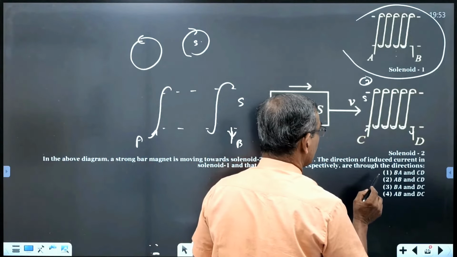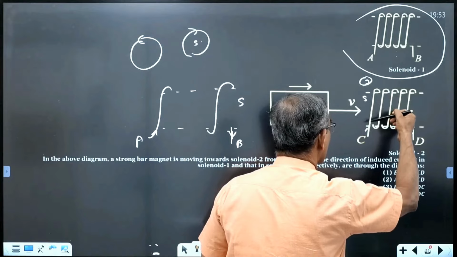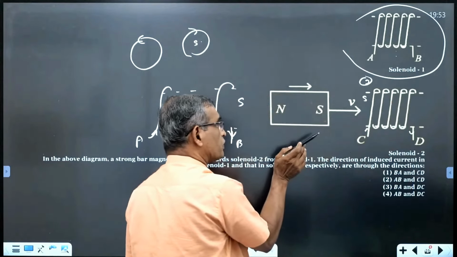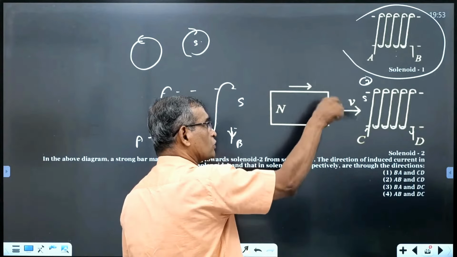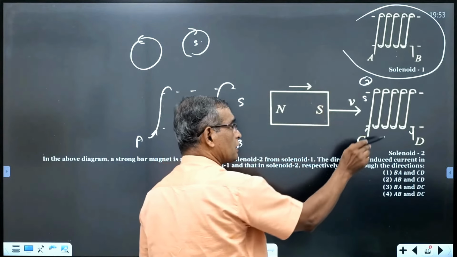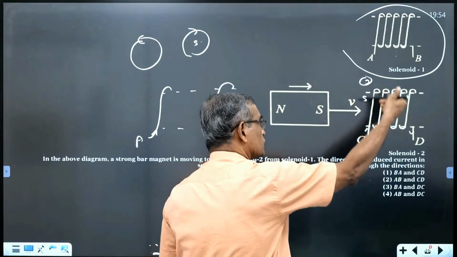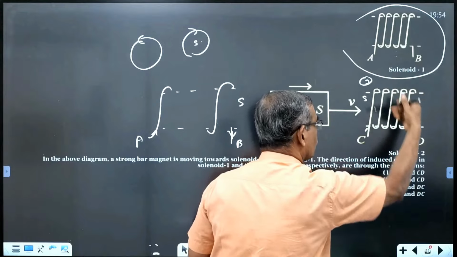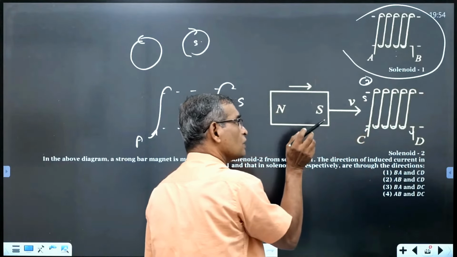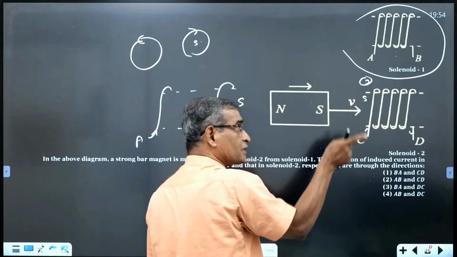Again, look. Looking from here, the current is clockwise. Clockwise means this is the clockwise direction, therefore it must be like this. Sorry, that is anti-clockwise. If you look like this and the current is like this, it is anti-clockwise.